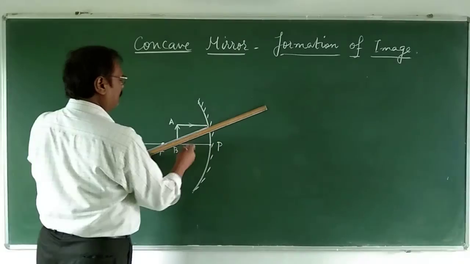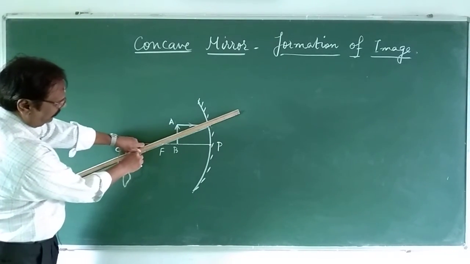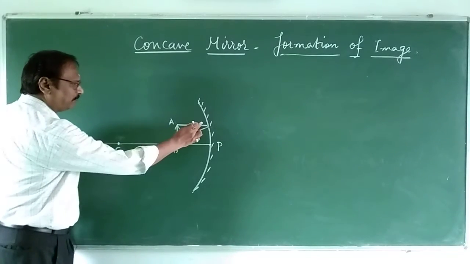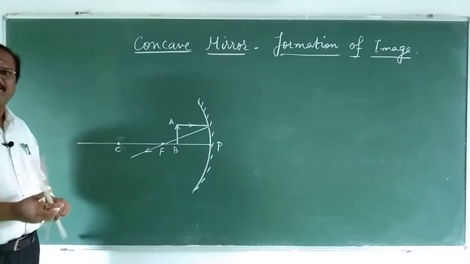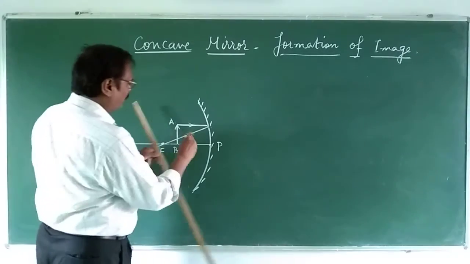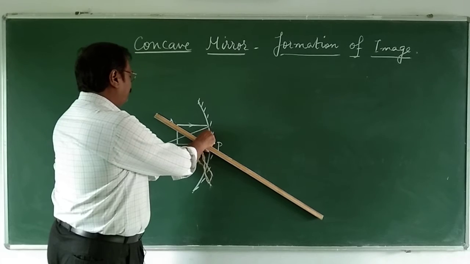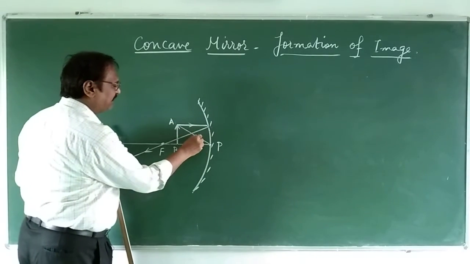Now this is passing through the focus and I need to take one more ray. Another ray which I usually take is passing through the focus becoming parallel, but that will not work here. So we need to take the other one from the tip to the pole of the mirror. Let me join with a line. So this is the incident ray.